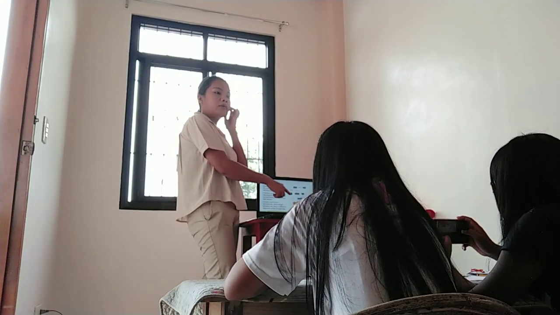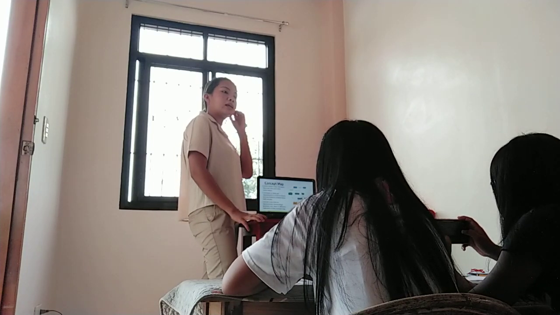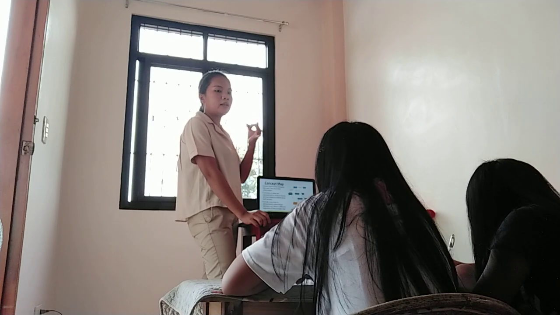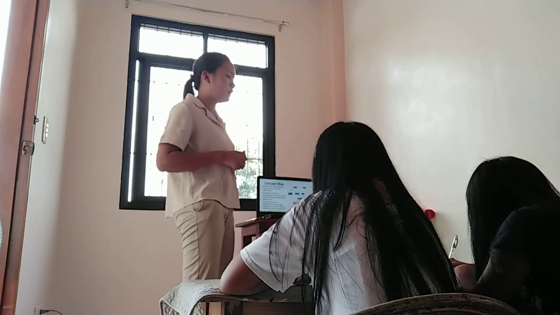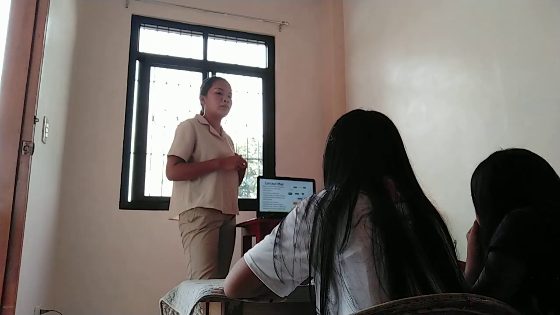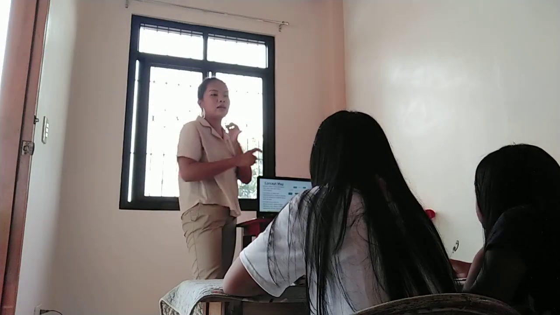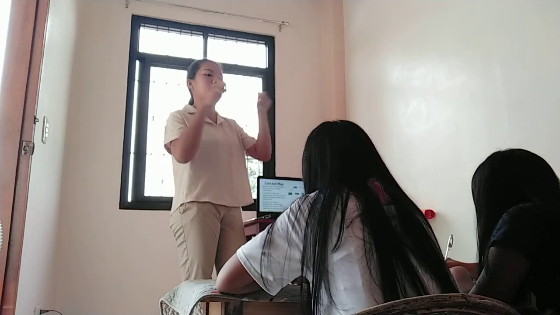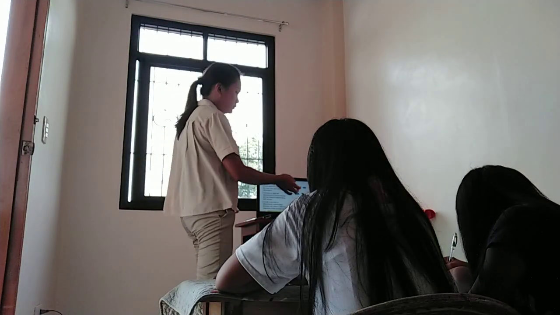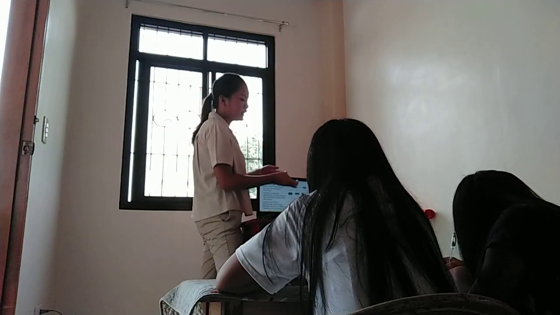Okay? When it comes to writing an essay, we have the introduction and then the body. In the body, there are the important details. So we have the most important details, then important details, and then least important details. Parang pyramid lang yan. Okay? Pyramid na pabaliktad, inverted pyramid. So when it comes to concept map, we have the main idea.